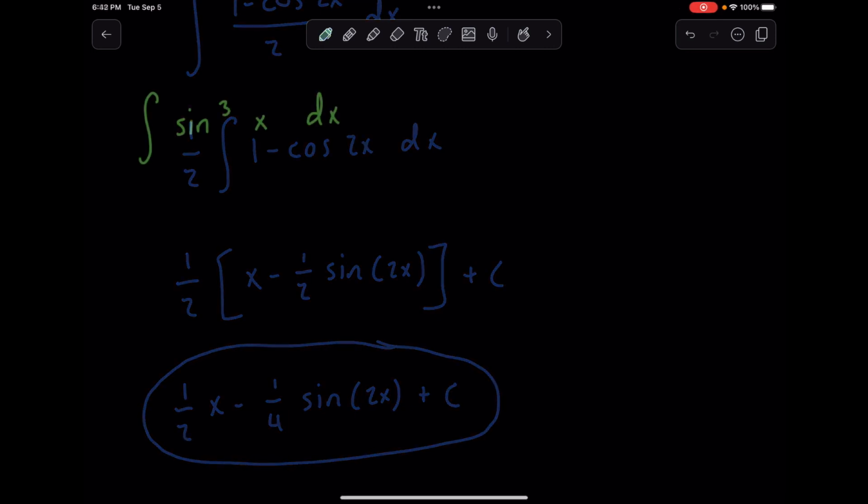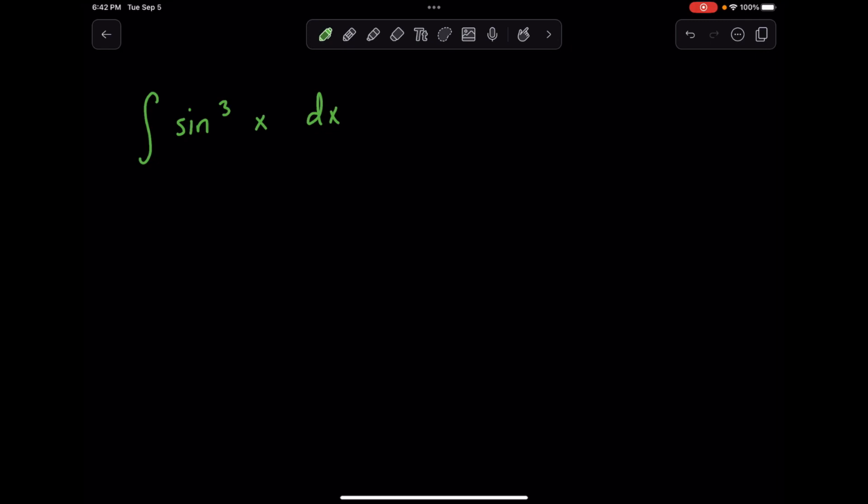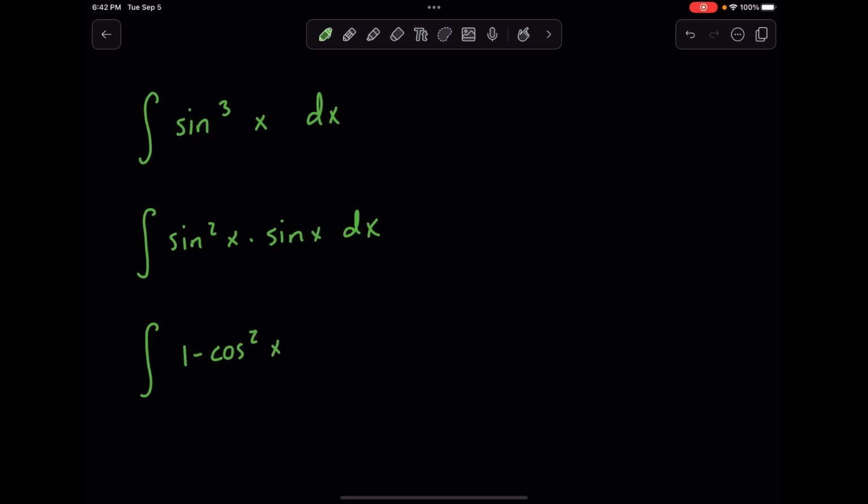Now let's look at the integral of sine cubed x. It has an odd power. So we're going to start by rewriting this as the integral of sine squared x times sine x. Now we can use our trig identities to convert sine squared to 1 minus cosine squared x.